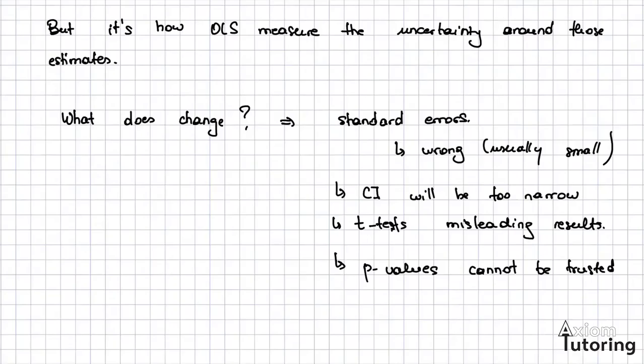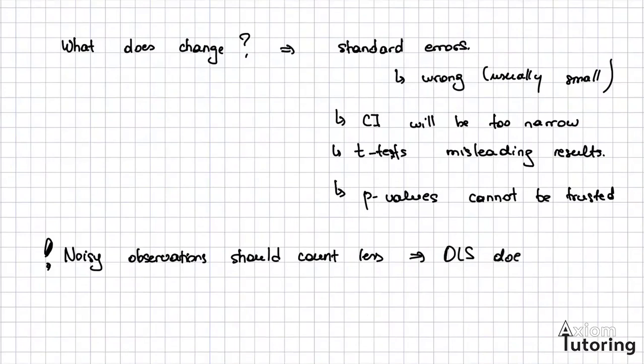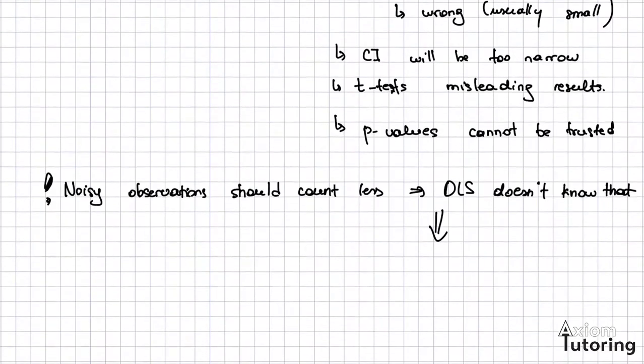That is the core intuition about why we don't like heteroskedasticity: noisy observations should count less. OLS doesn't know that, and the consequence is that standard errors are miscalibrated. I'm going to write this here so you don't forget it.